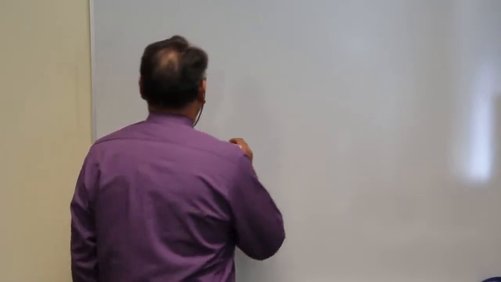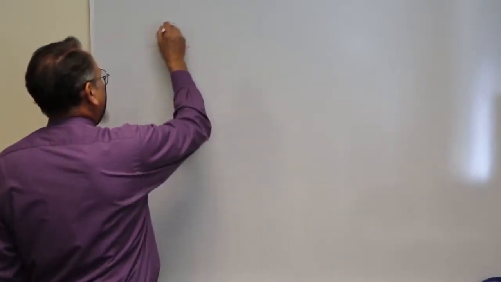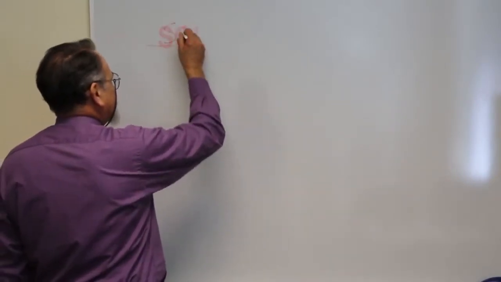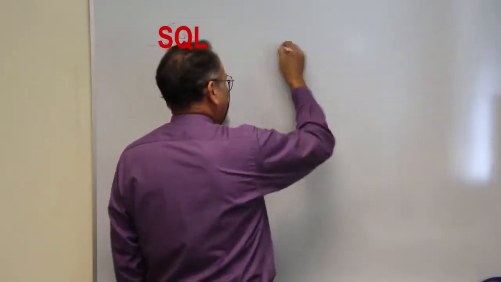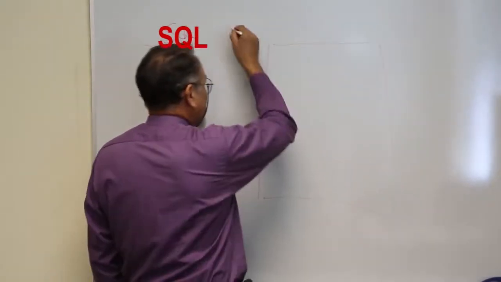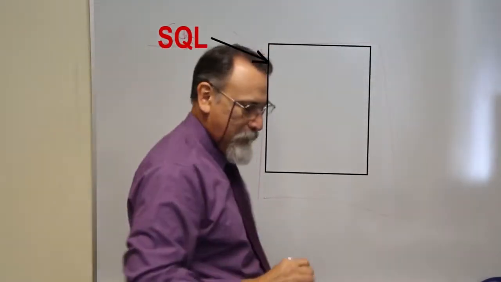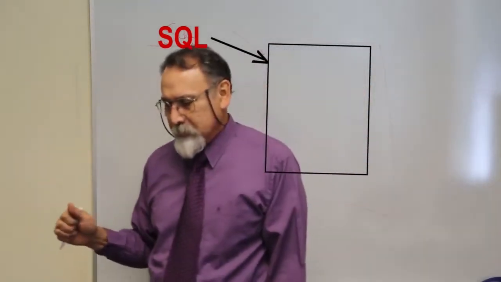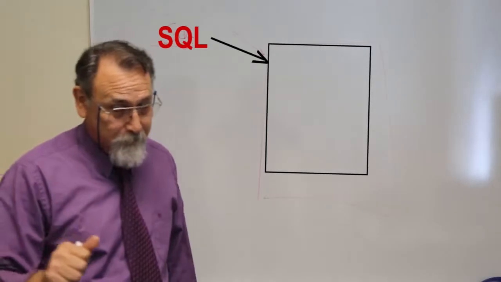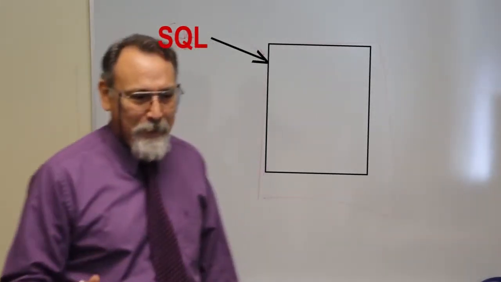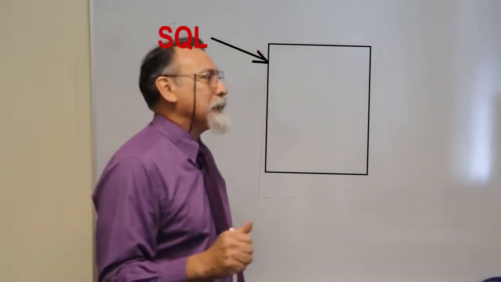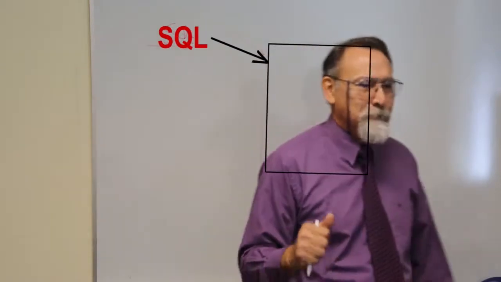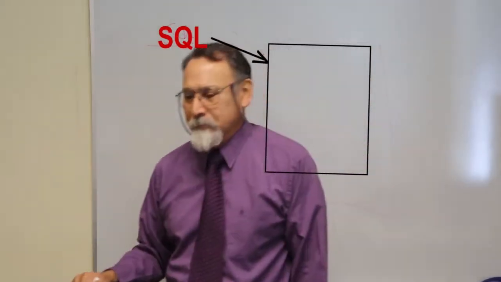Remember we talked about the fact that you write an SQL statement and then you're going to put this in some mechanism, right? The mechanism that is used in SQL is called a block. The block is the mainstay for this whole process.